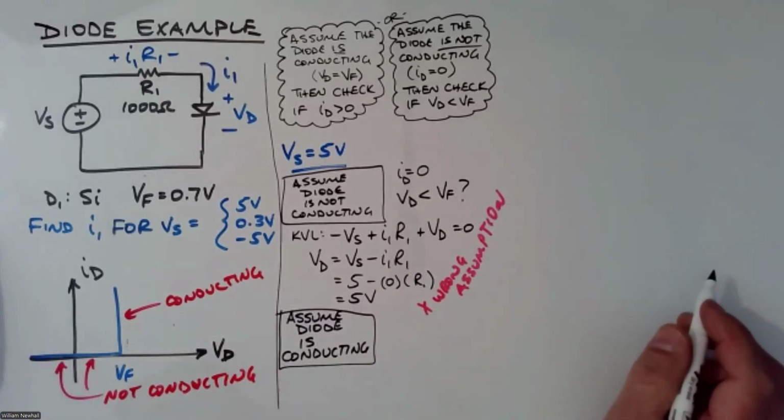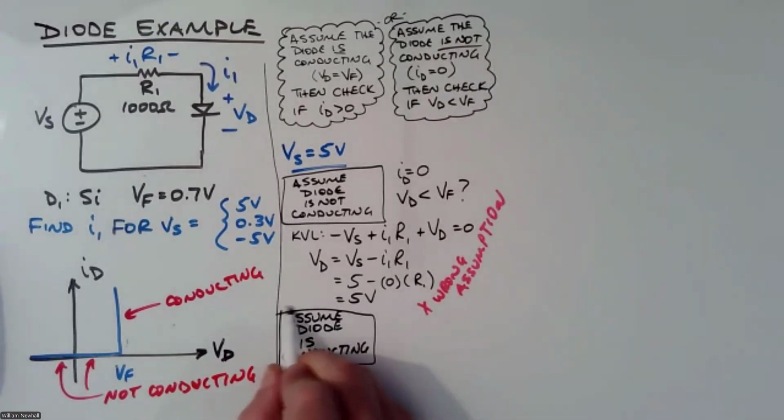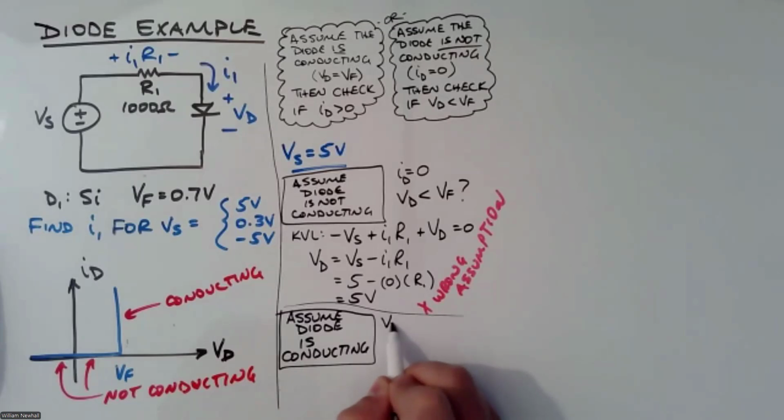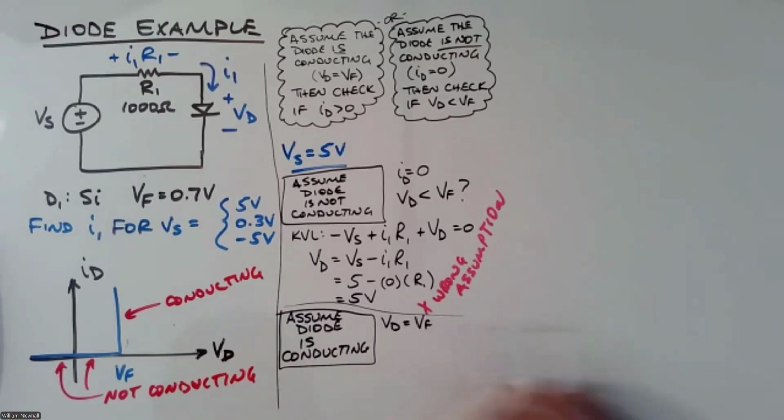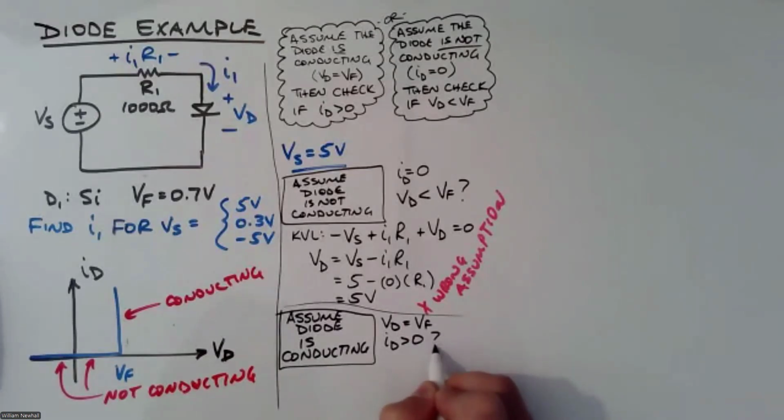And so what does that mean? If the diode is conducting, VD is equal to VF, and we want to check: is ID greater than 0?